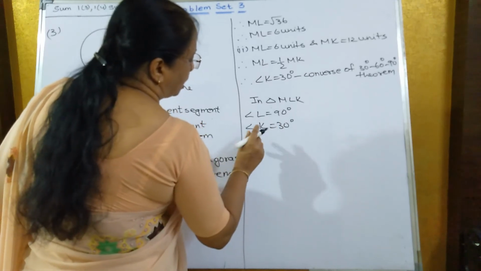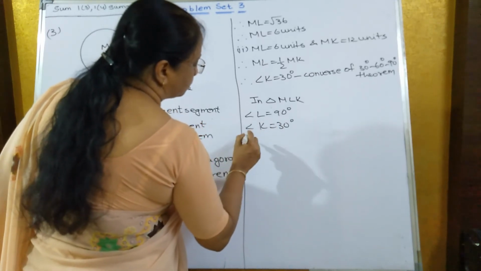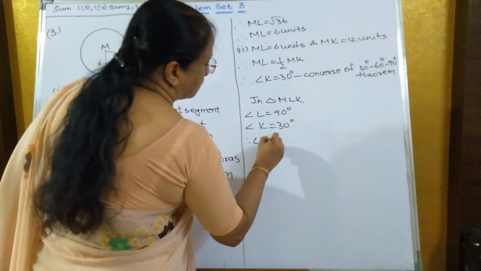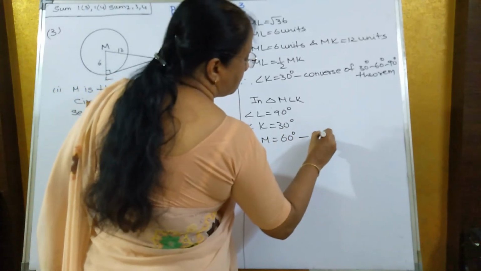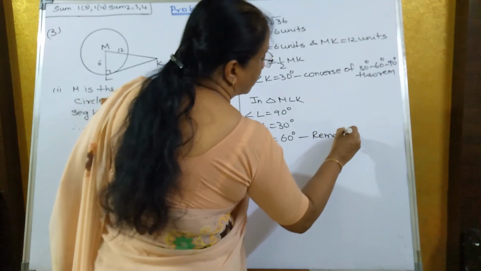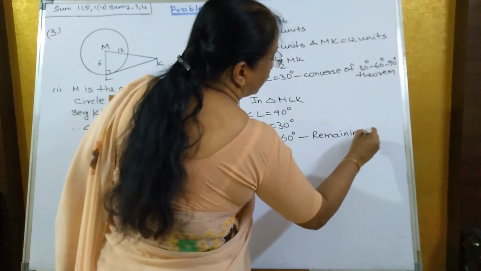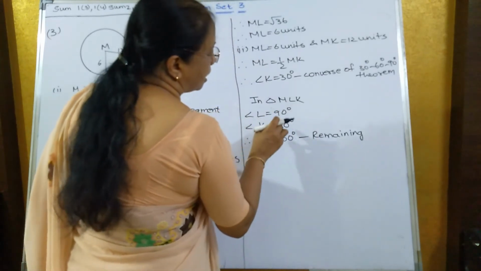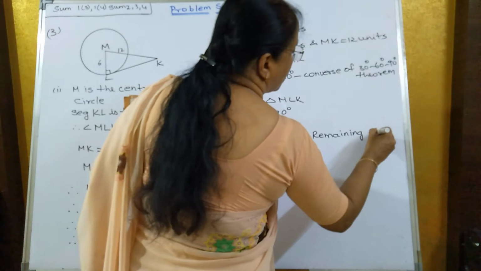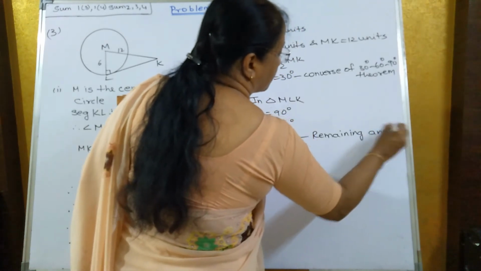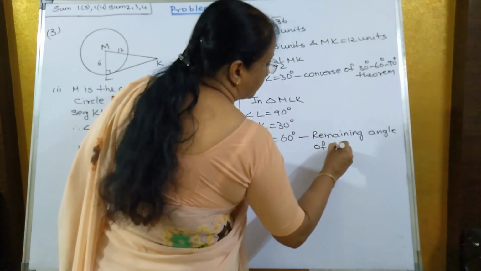Therefore angle M will be equal to how much? Is equal to 60 degree. That is remaining angle. We know that the sum of the angles of a triangle is 180 degree. So if this is 90, this is 30, so remaining angle will be 60 degree.